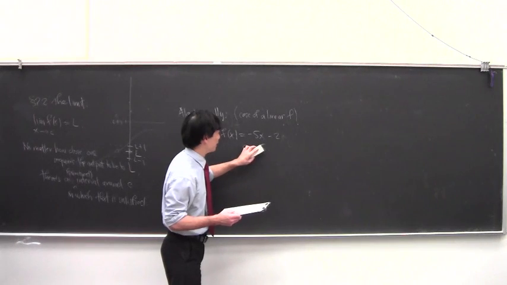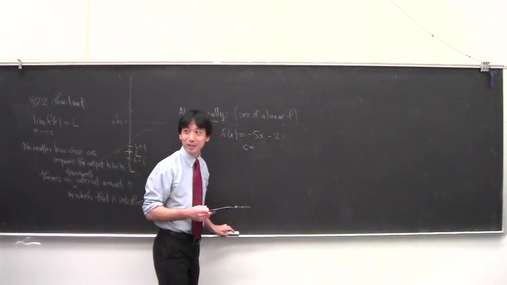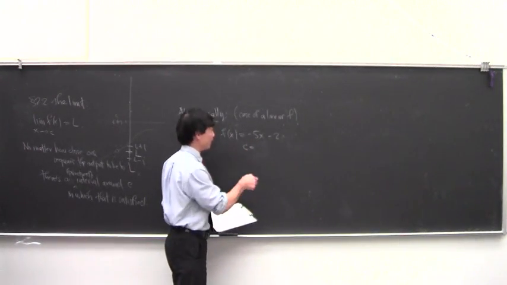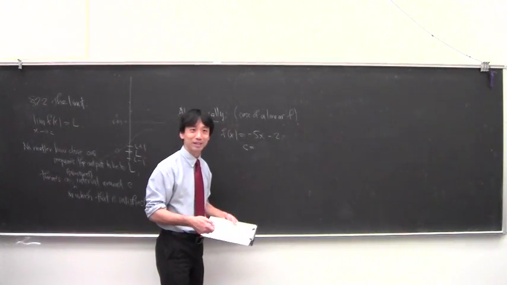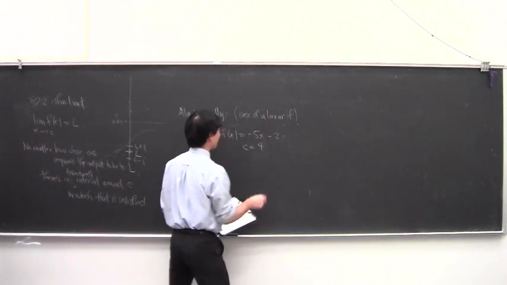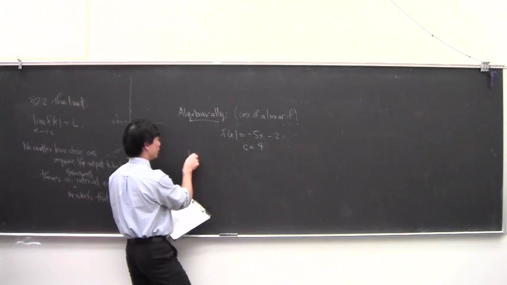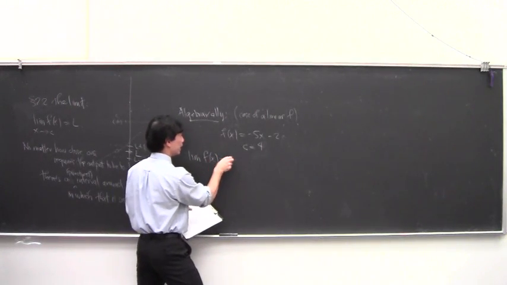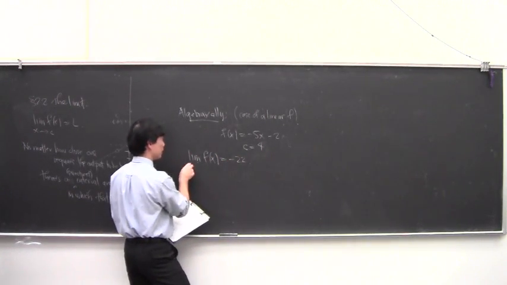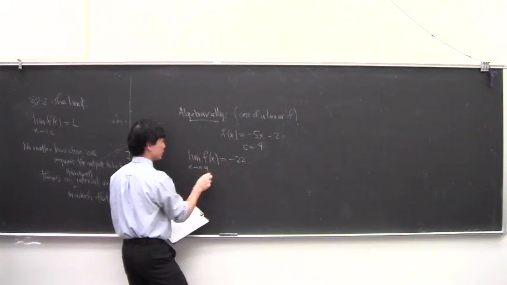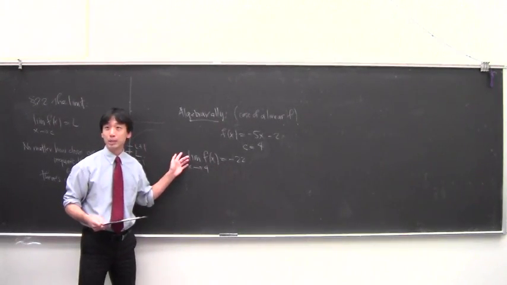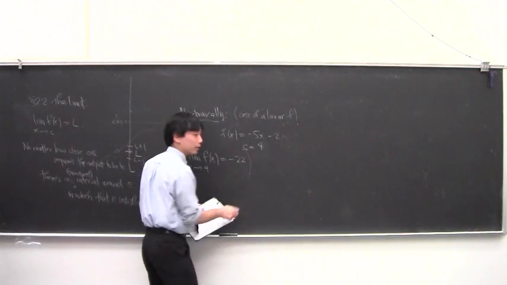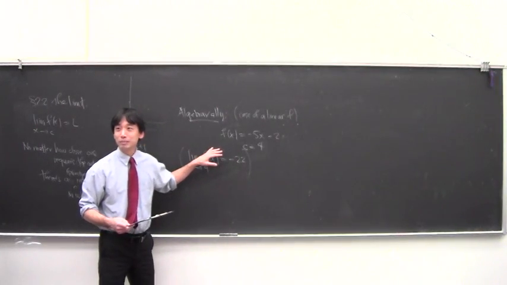It's not going to make it harder, but it will make it more complicated looking. I'm going to make it some other whole number. 4. Okay, thank you. Then you already know inside your head that as x approaches 4, the limit of the thing is going to be negative 22. That's secret, don't pretend you don't know that.